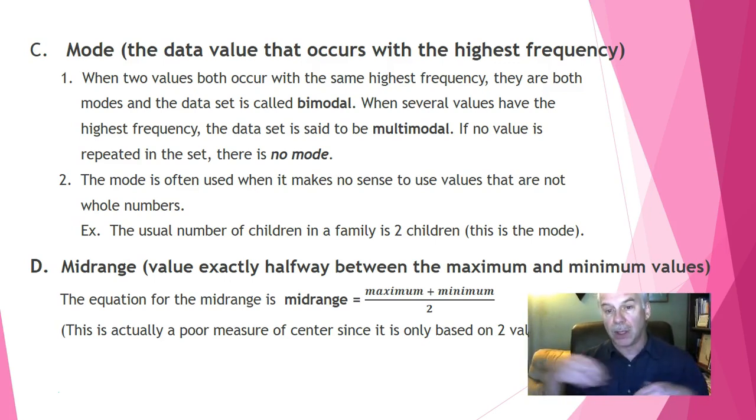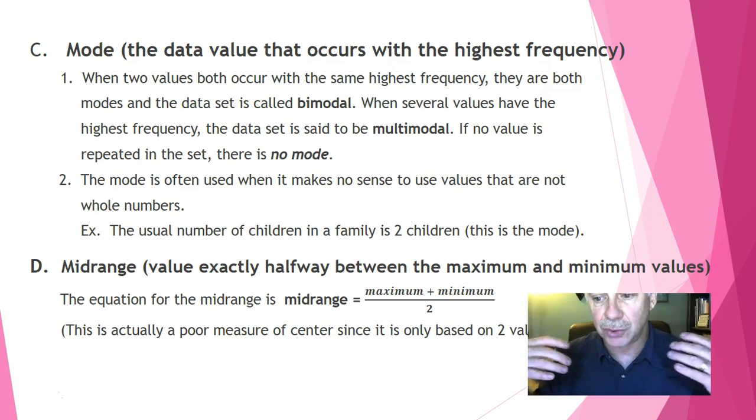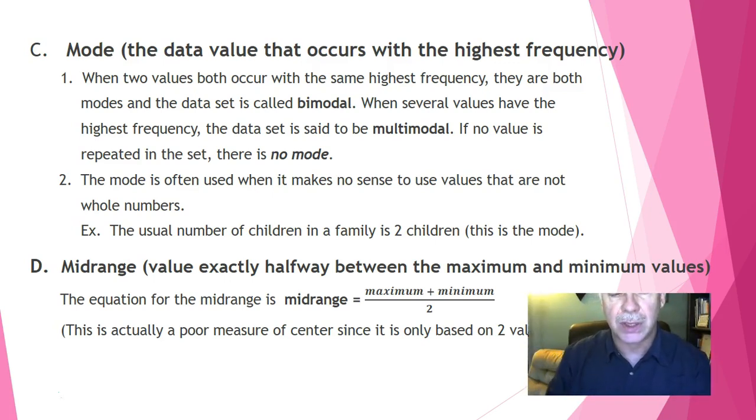You could have it being trimodal, or having multiple modes, like 3 modes or 4 modes. But if no value occurs more than once, if none of the values are repeated, then you'd say that there's no mode. For example, the usual number of children in a family is 2 children.